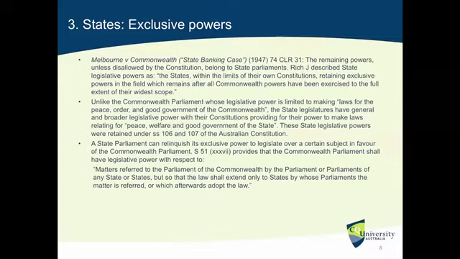As described by Justice Rich in that same case, he described state legislative powers as the states within the limits of their own constitutions retaining exclusive powers in the field, which remains after all the Commonwealth powers have been exercised to the full extent of their widest scope.